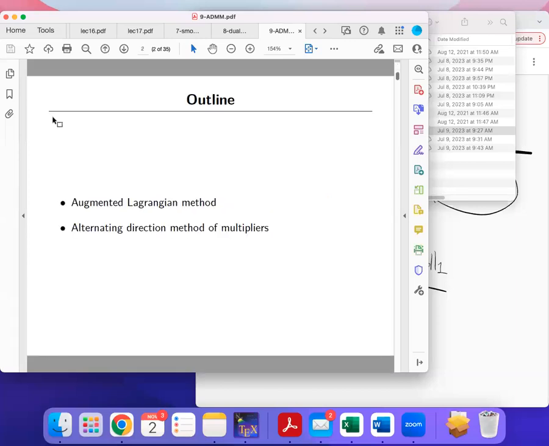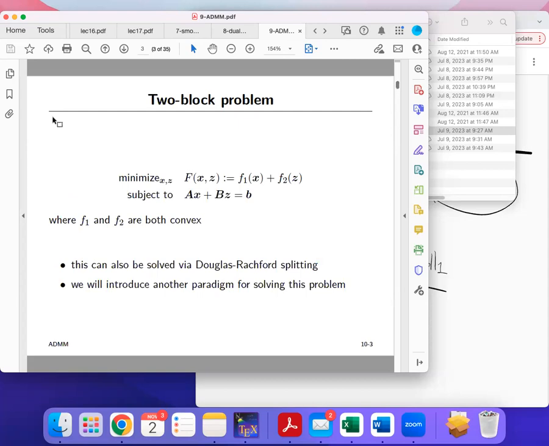So we can briefly introduce the main idea first. Now we can briefly look at the main ideas. So let's look at the problem formulation today.